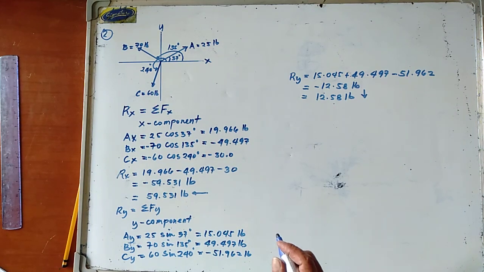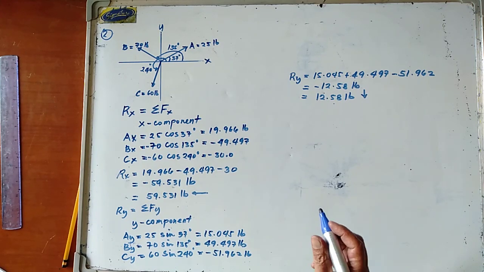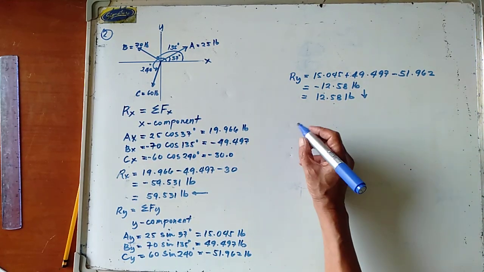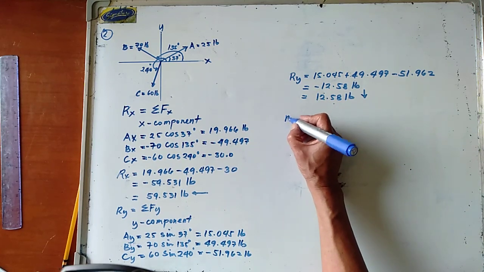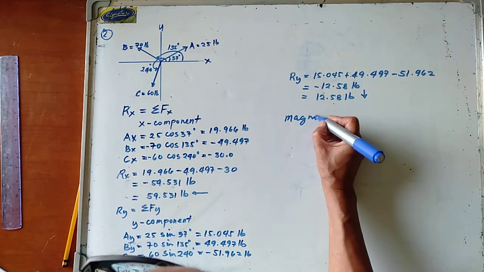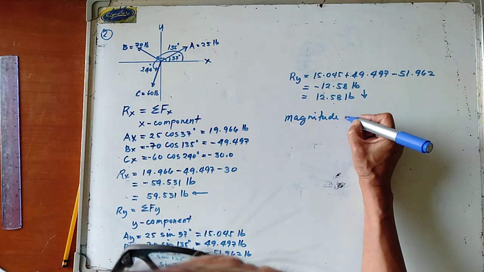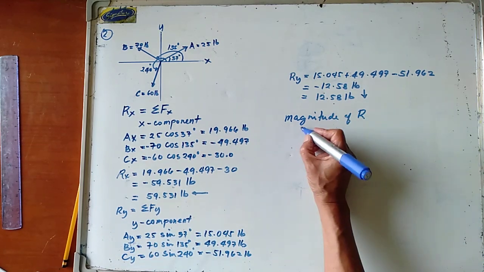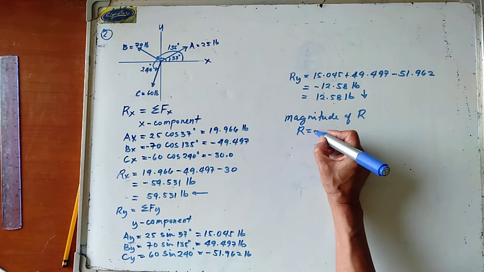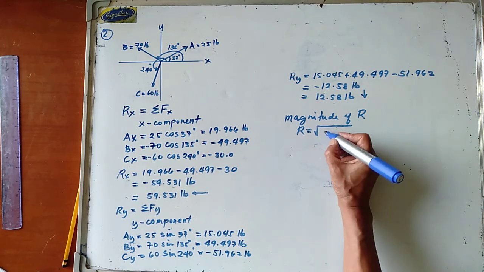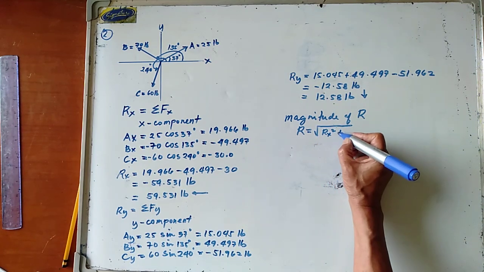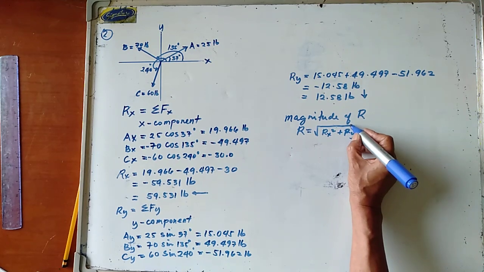Let's determine now the magnitude and the direction angle of the resultant force. The magnitude of R is equal to the square root of Rx squared plus Ry squared.